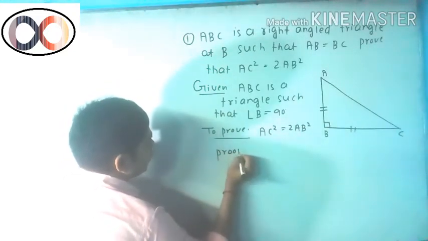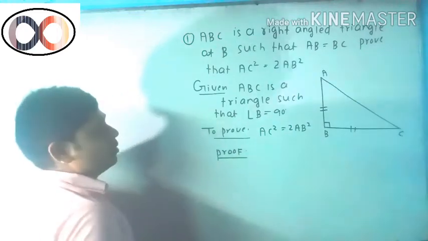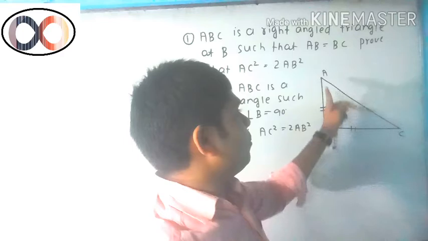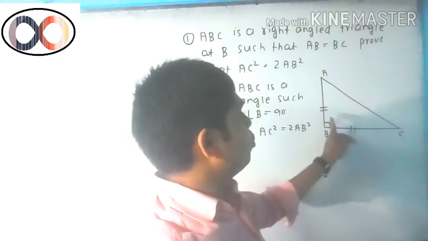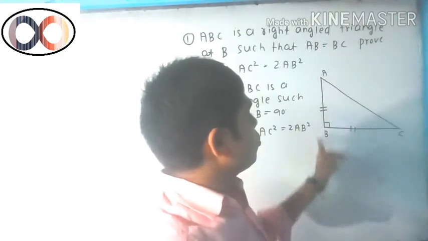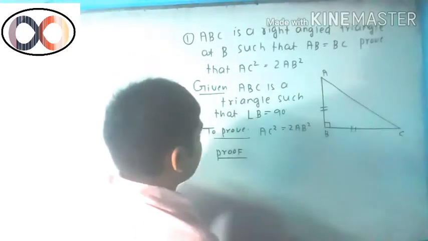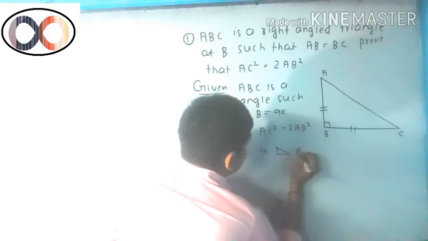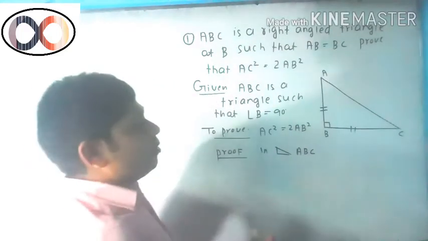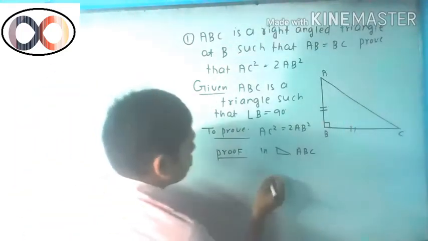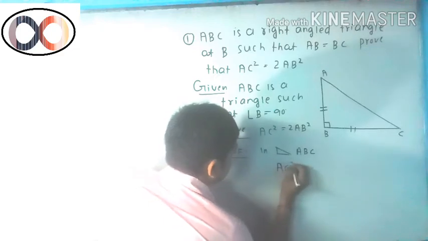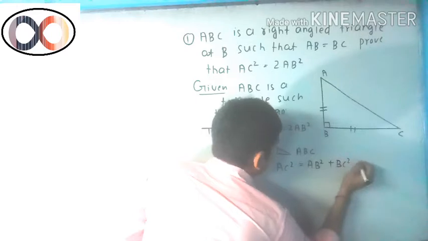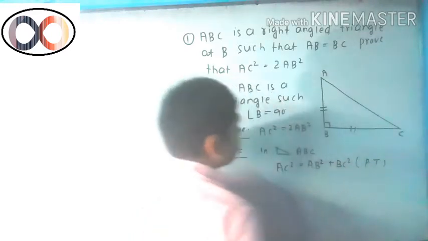We can apply the Pythagoras theorem here because this is a right angle triangle. So AC square equals AB square plus BC square. In right angle triangle ABC, AC square equals AB square plus BC square, due to Pythagoras theorem.